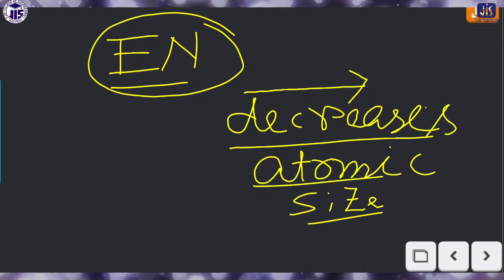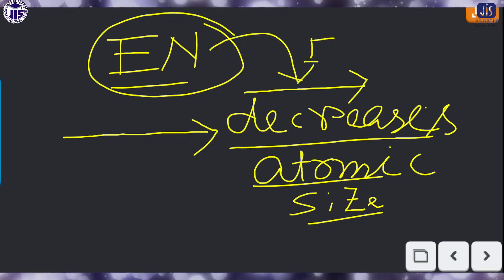So according to the period, what happens? Atomic size decreases, so electronegativity increases. Why? Because atomic size decreases.